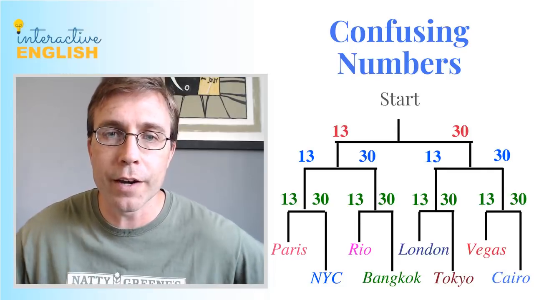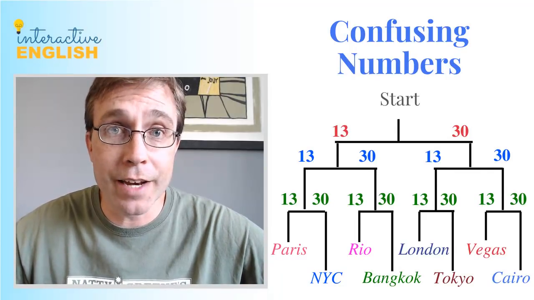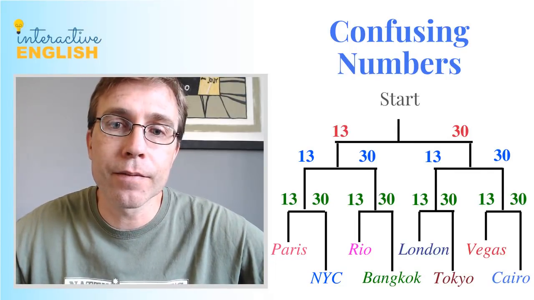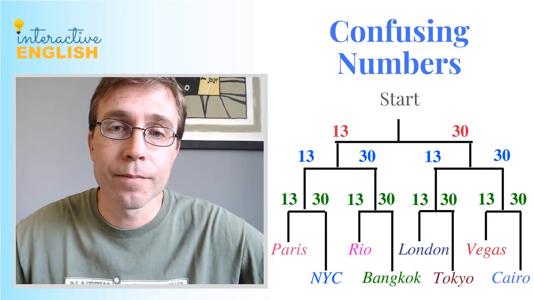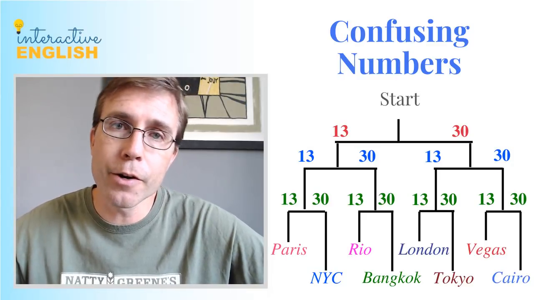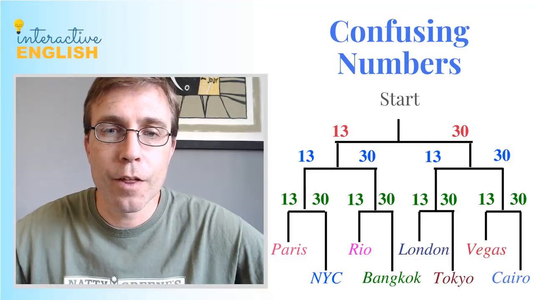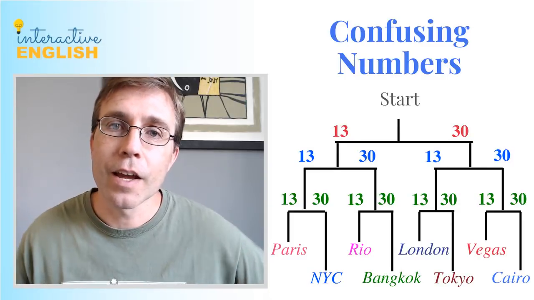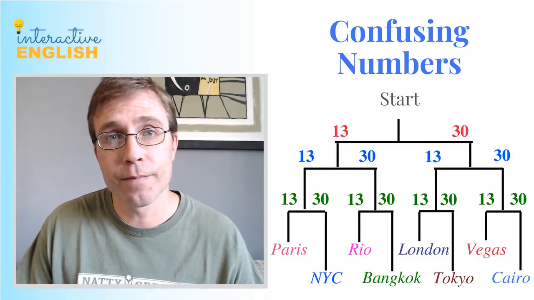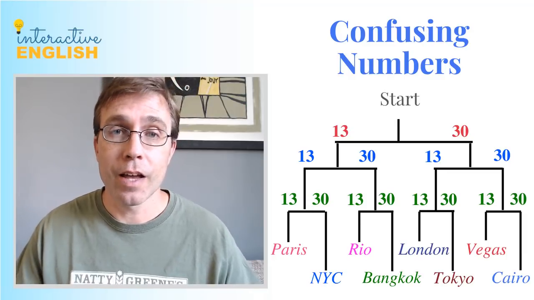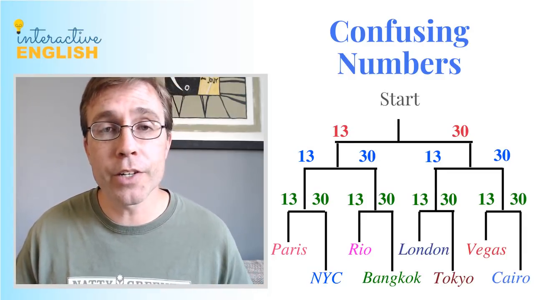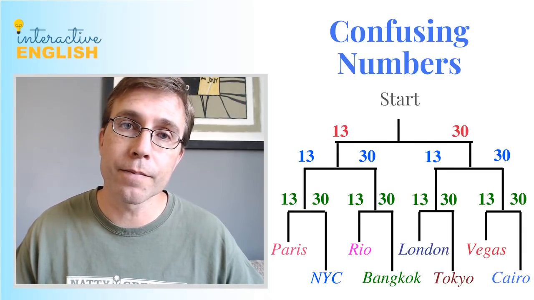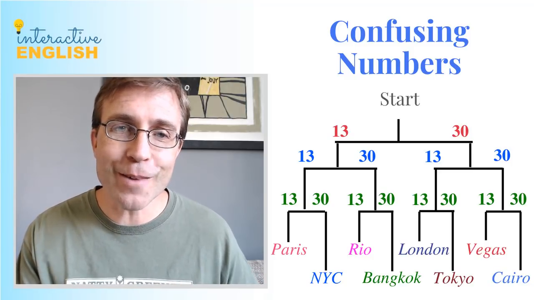So the first one, all right, red, 13, 13. Now blue, 30, 30. Now green, 30, 30. I'll say those again. 13, 30, 30. Which city?